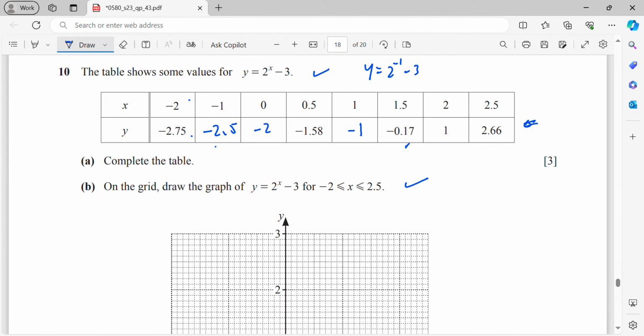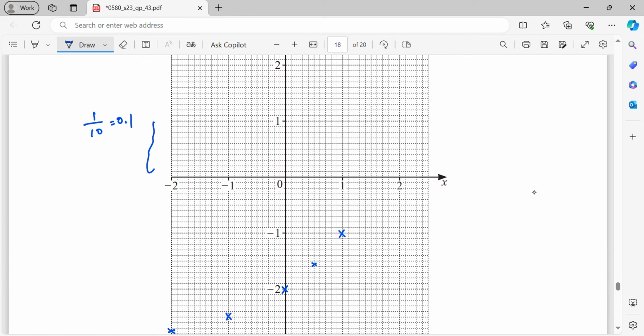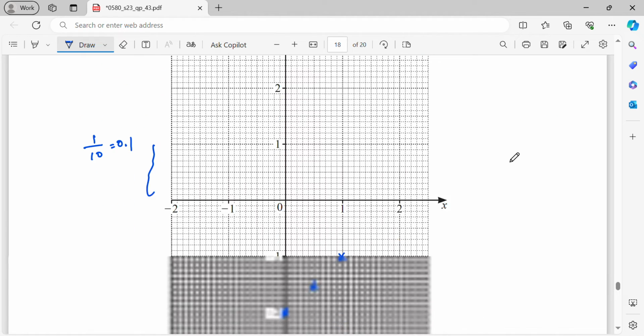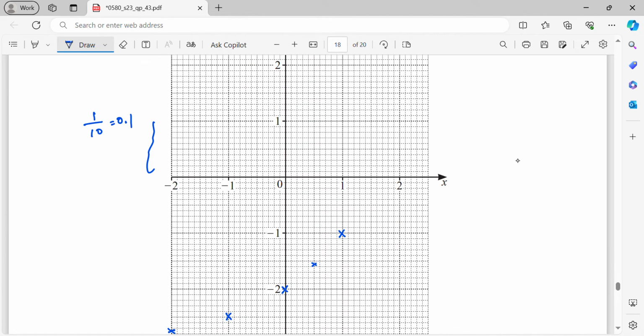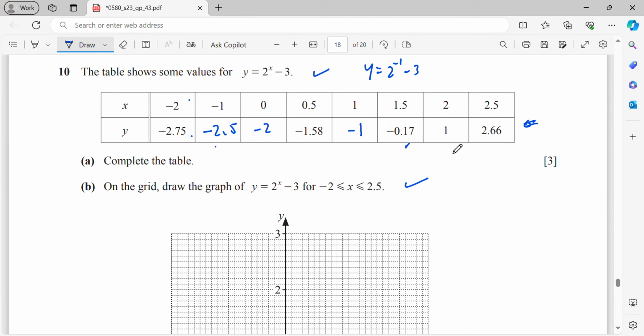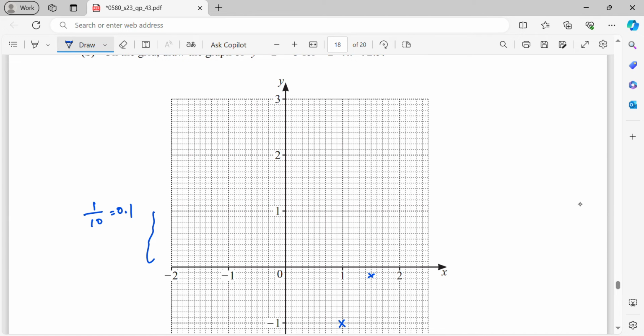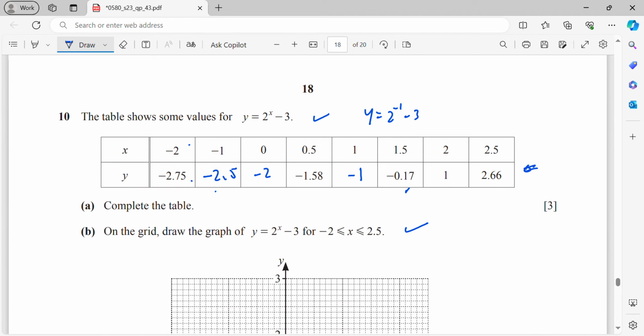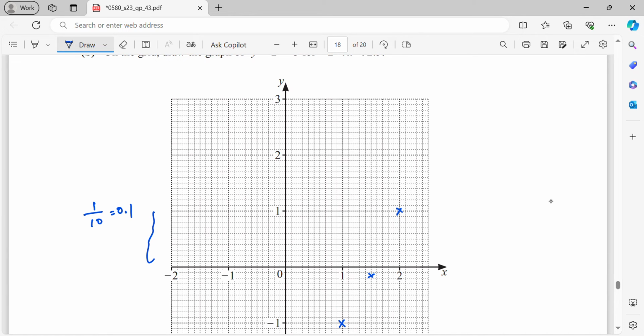Then 1.5, -0.17, which is almost -0.2. Okay, then when x is 2 you get 1. Then after that 2.5, 2.66. Alright, so now we need to draw the points.